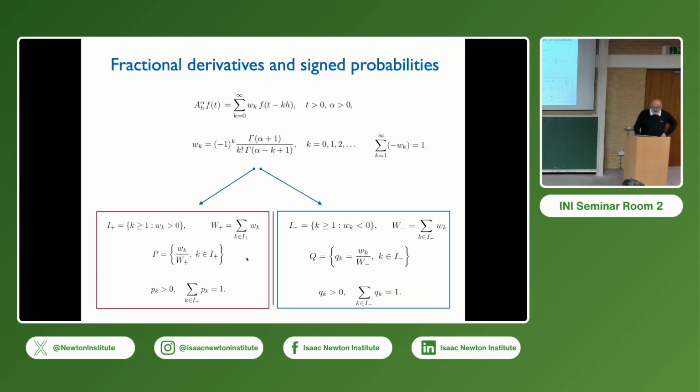So what we do is we separate them and create two probability distributions. One of them has a finite support. The other one has infinitely many values.